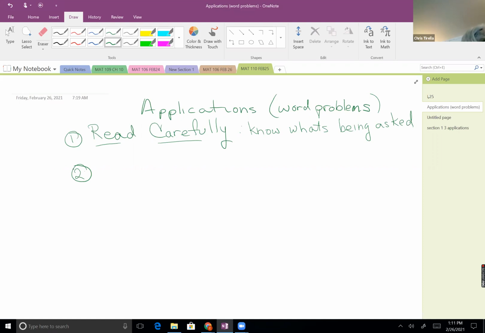In order to solve them algebraically, we need to define our variable, or if we're looking for several things, variables. That might be something that you've seen before, a let statement.